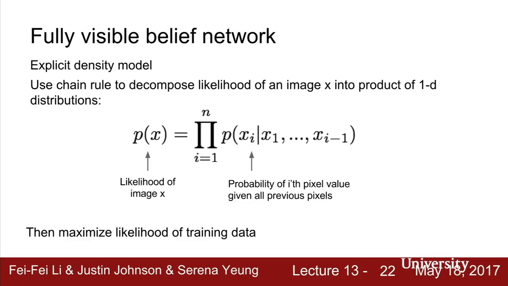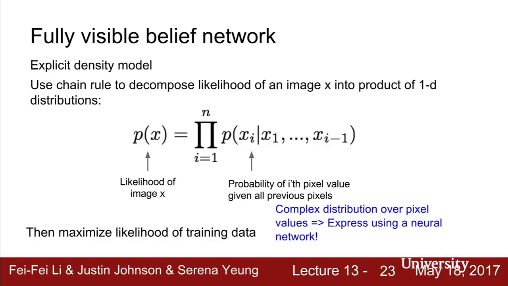So we have here the probability of each pixel xi conditioned on all previous pixels, x1 through xi minus 1. And your joint likelihood of all the pixels in your image is going to be the product of all of these likelihoods together. Then once we define this likelihood, in order to train this model, we can just maximize the likelihood of our training data under this defined density.